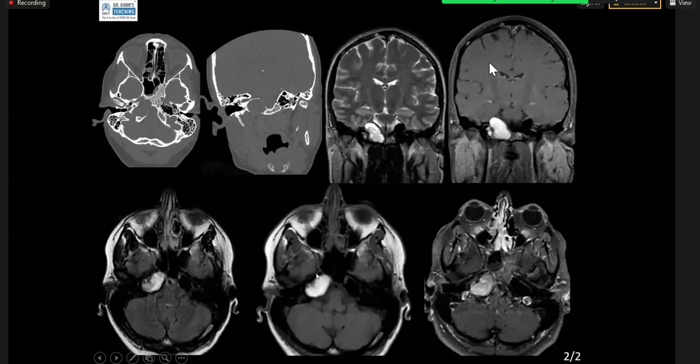On T1, this is high signal. On T2, you can see a rim of low signal here, which can happen because of the granulation tissue. On post contrast, it might not be very helpful because it is inherently high signal on T1.